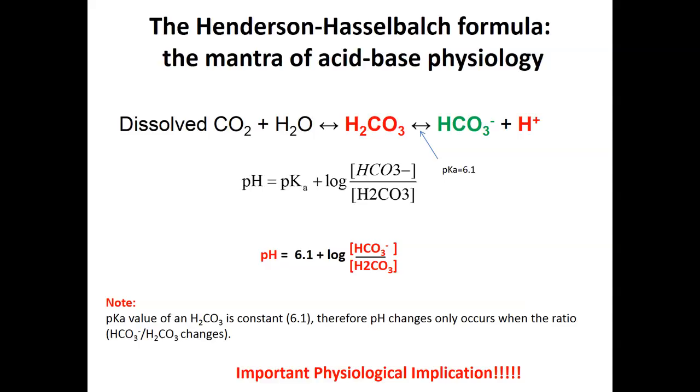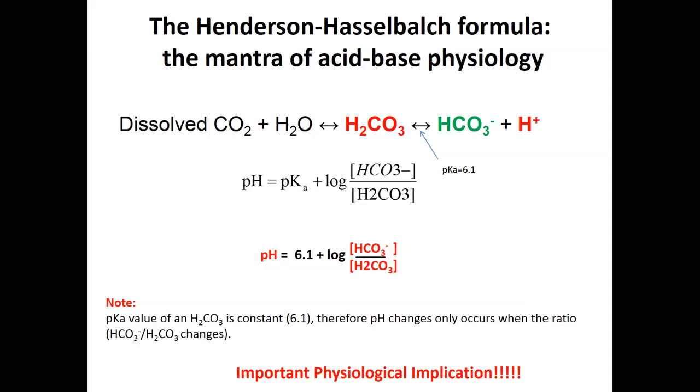So in your body, this ratio is a fixed value, okay? But when it changes, as I said, the change in this ratio is the one that affects the pH, but not the pKa, because the pKa value is fixed. So when this ratio changes in your body, then the pH will change. Okay? Does that make sense?